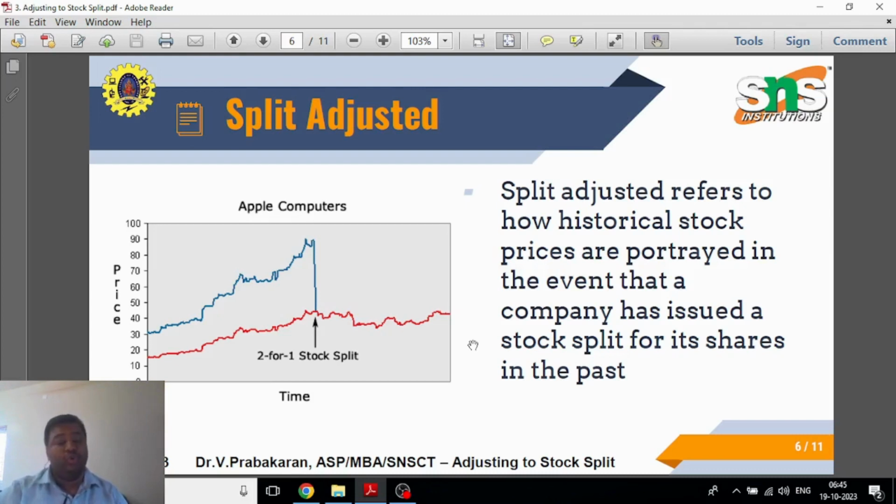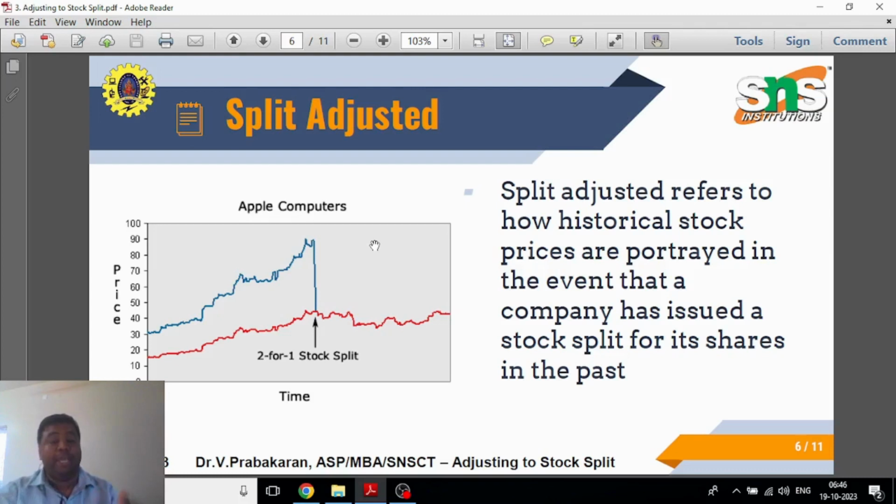Either we need to bring down this blue color line, which is trading at 80,000 rupees, to the 10,000 rupees line, or make your 10,000 rupees share price 80,000 rupees worth. Either bring the blue color line down, or make your red color line move up. Then only the chart will be the normal one, so that you can claim that, okay, fine, this is ready for analysis. So how is this to be done?